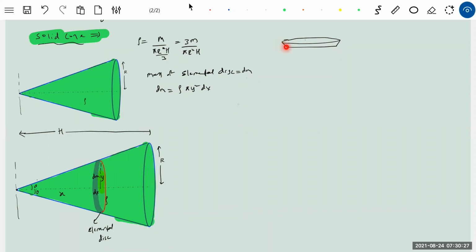So here we'll assume some amount of mass is present. We'll make it like a uniform disk here. But look at the radius of the disk. Here it is r. At the bottom it will not be r. But as it is thick, this additional volume that you add doesn't matter. For a solid cone, this is an approximation. For all solid things, we do this approximation.